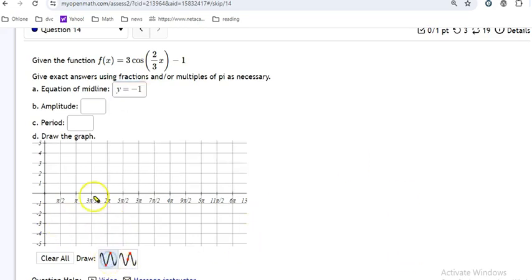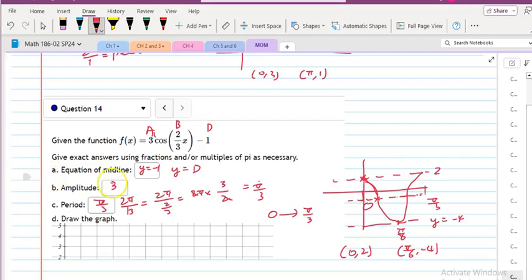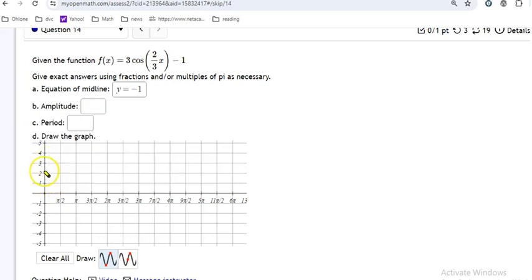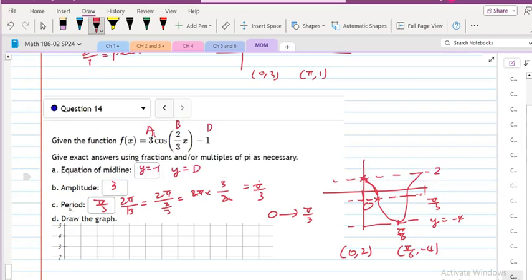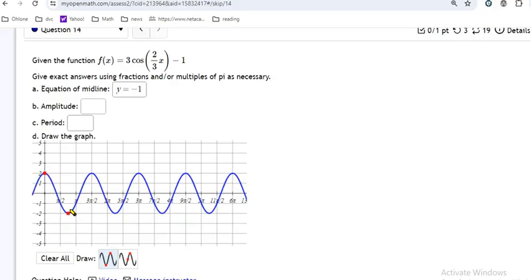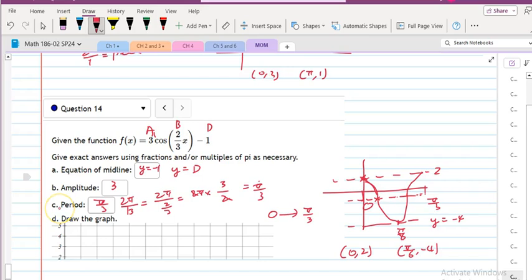It's a cosine, right? 0 to 0 at 2, and then it would be pi over 6? How do I know? How do I do pi over 6? Pi over 6 is really small because 2 pi times 3 over 2.